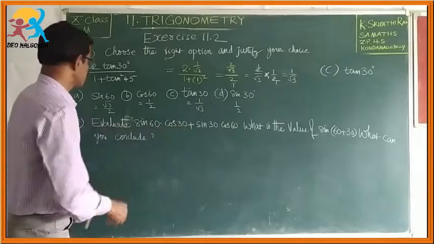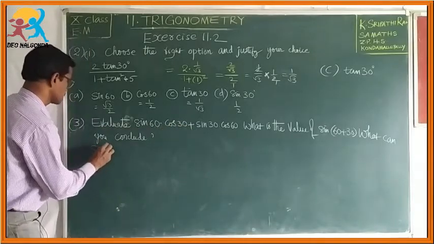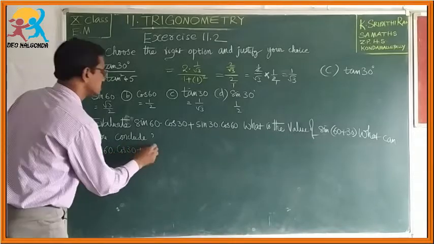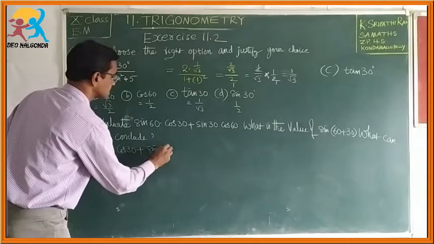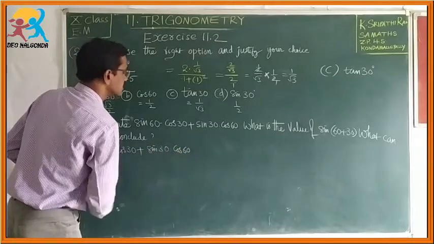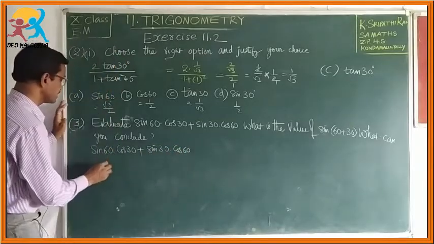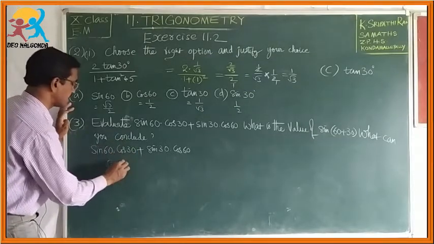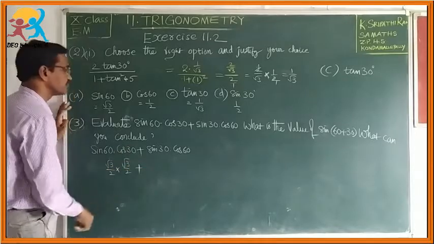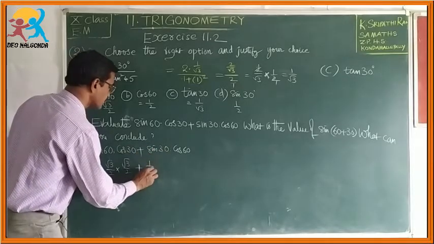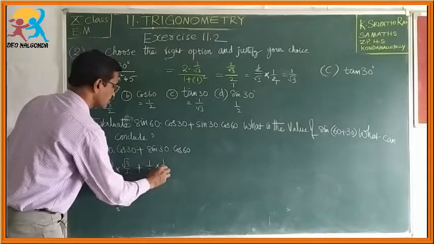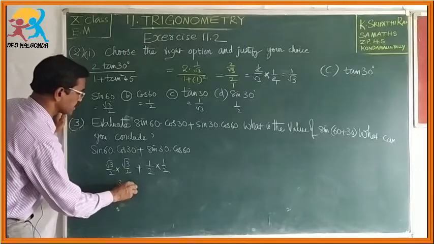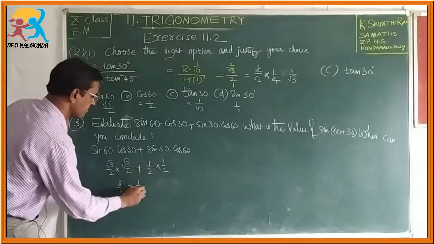First let us take sin 60 cos 30 plus sin 30 cos 60. Here the sin 60 value is root 3 by 2 into cos 30 value also root 3 by 2, plus sin 30 value 1 by 2 into cos 60 value 1 by 2. So root 3 into root 3 is 3, 2 into 2 is 4; here 1 into 1 is 1, 2 into 2 is 4.